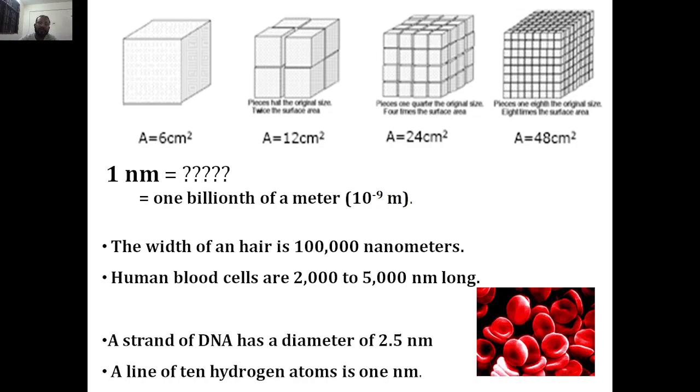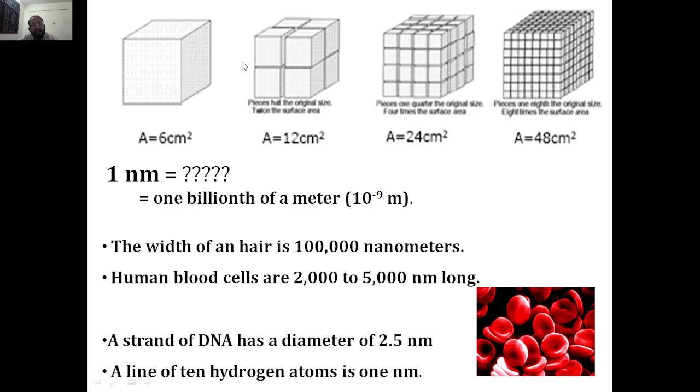Here is an example. If the area is around 6 centimeters square for this whole box, and I cut it into 2 pieces, then I will get around 12, and with 4 pieces, then 24, and so on.